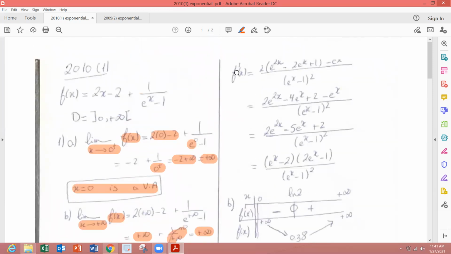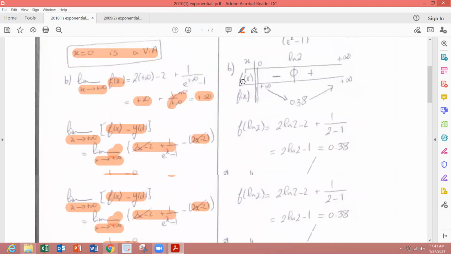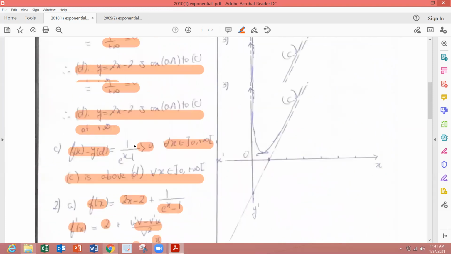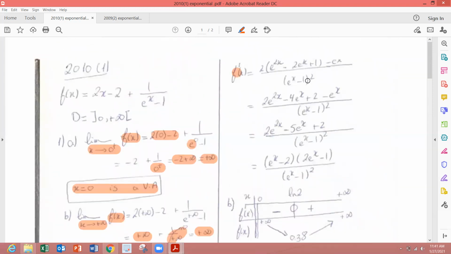f prime x equals... This one is of the form (a minus b) squared. It is equal to a squared, which is (e^x) squared, e to the power 2x, minus 2ab, that is minus 2e^x, plus b squared, plus 1, minus e^x, over v squared.